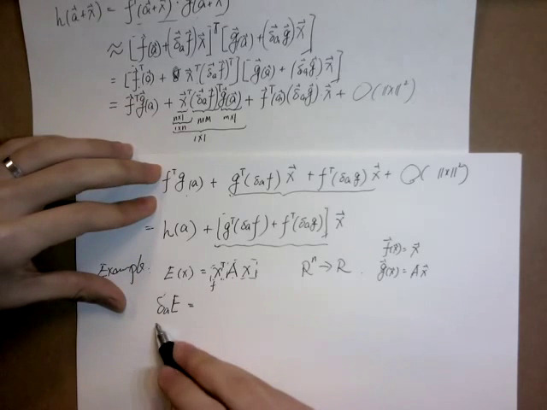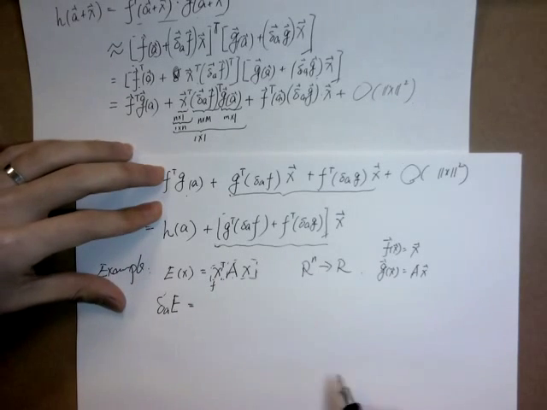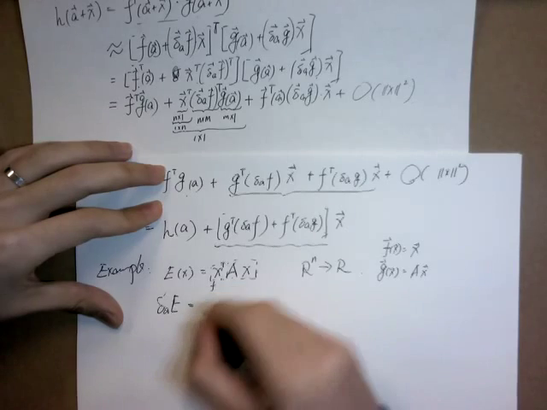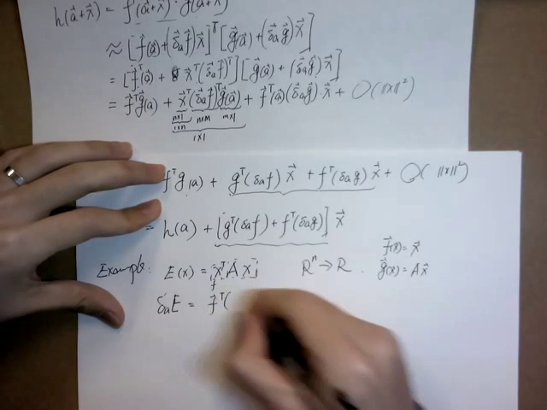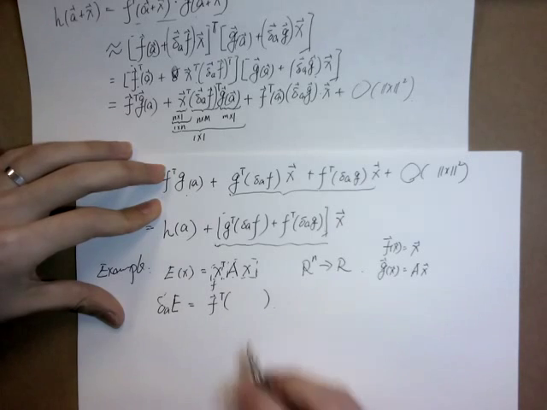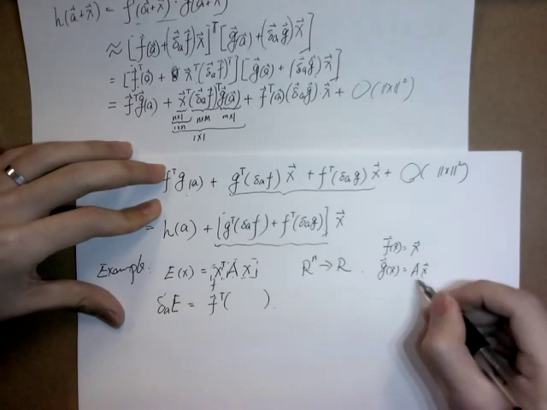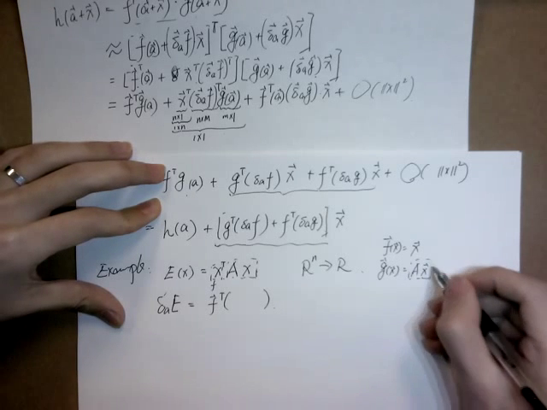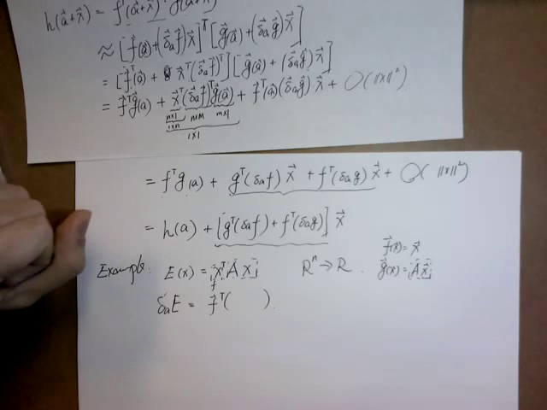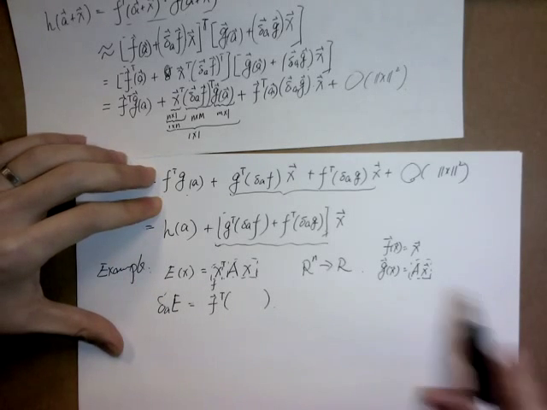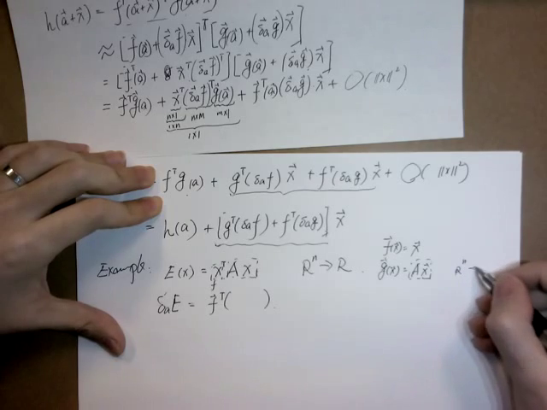So the total derivative of E is basically to transpose f(x), so this is f transpose, multiplied by the Jacobian matrix of G. So what is the Jacobian matrix of G? Anyone? If G is an Rn to Rn function.